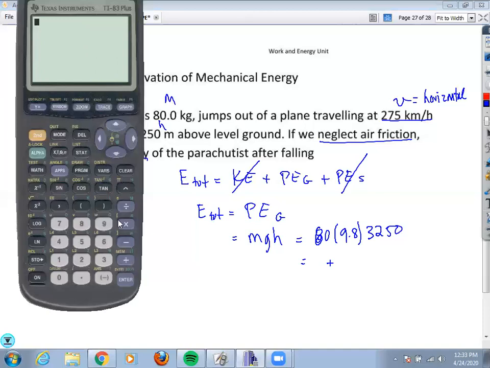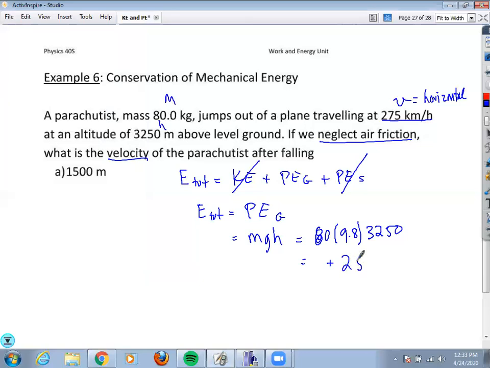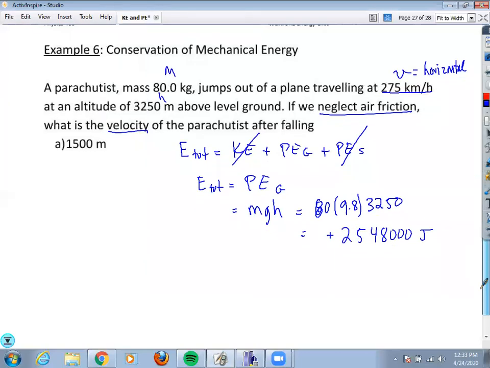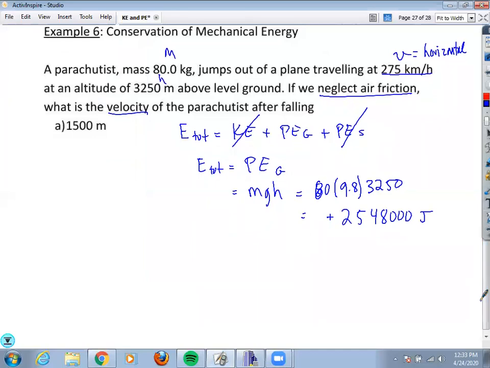So 80 times 9.8 times 3250, you get 2,548,000 joules.